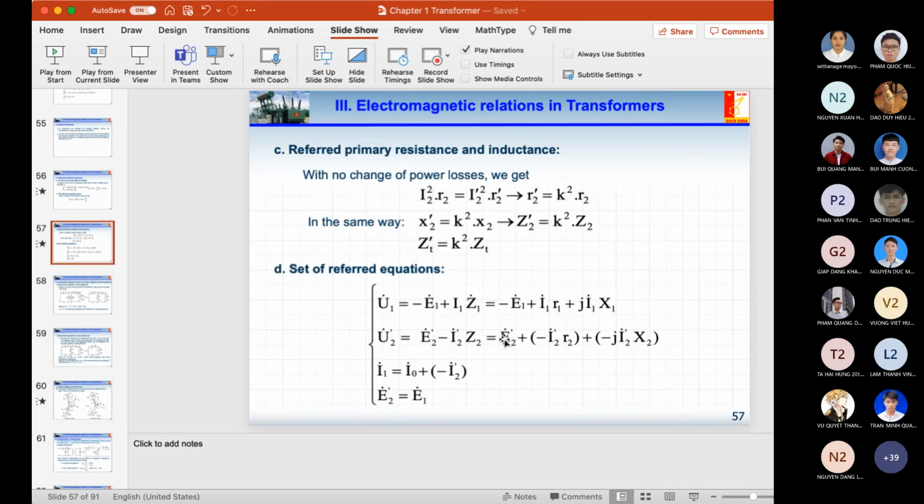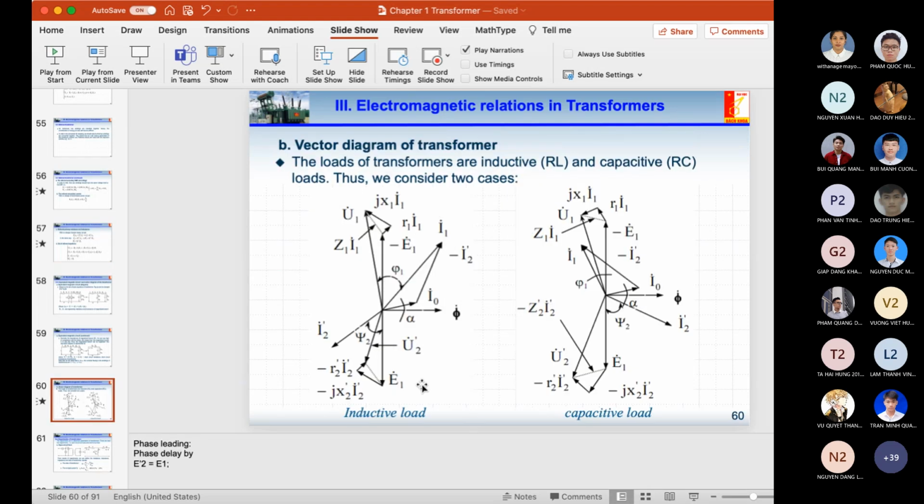Let me come back to this slide. You can see U2 is equal to E2 prime, plus this term and plus that term. Up to now it's very easy. You can see E1 is equal to E2 prime here, and we already know the direction of I2.